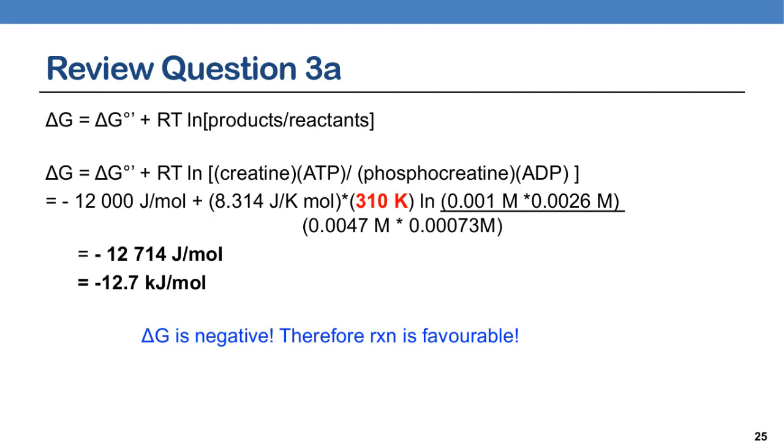Therefore, minus 43 plus 32 is going to be negative 12. If you write out the reactions, one of them is going to have to be flipped.